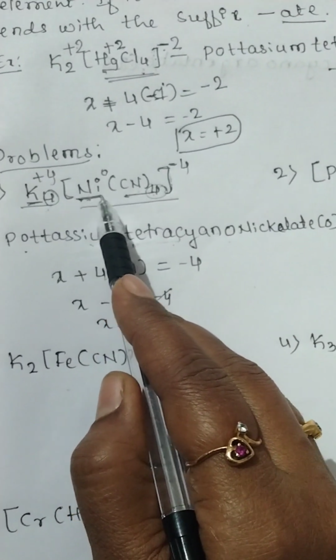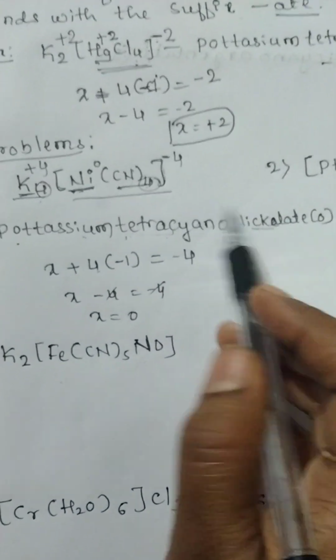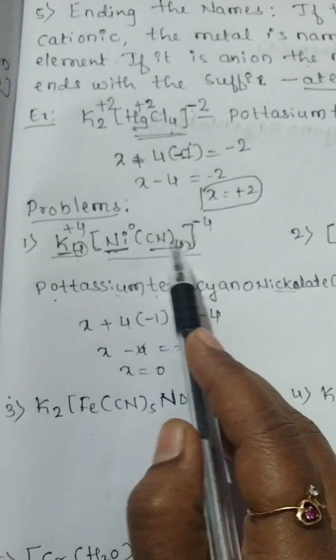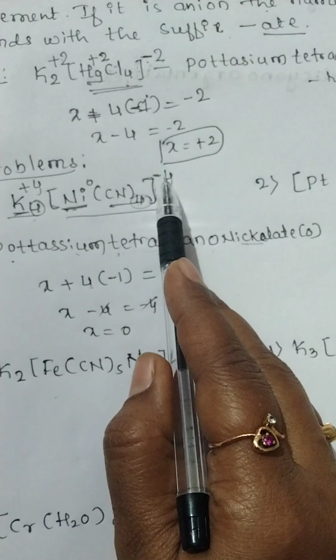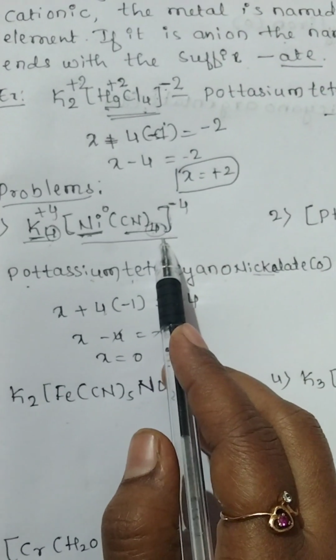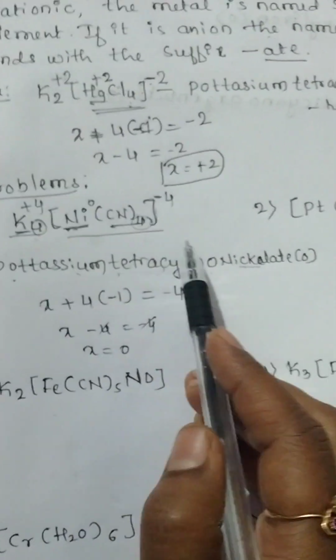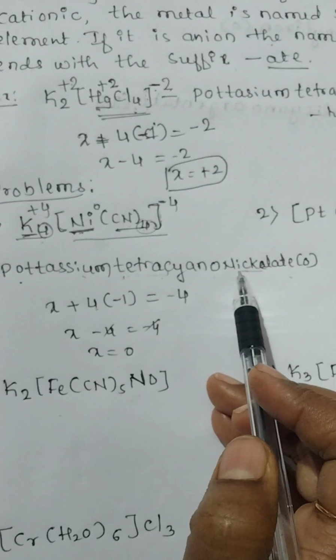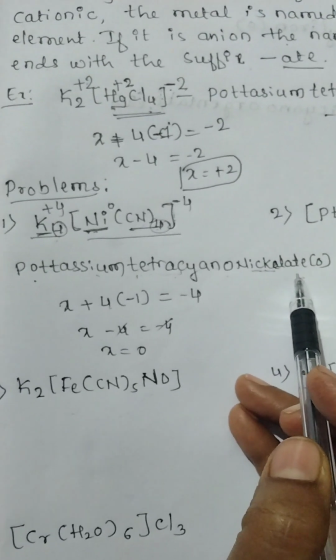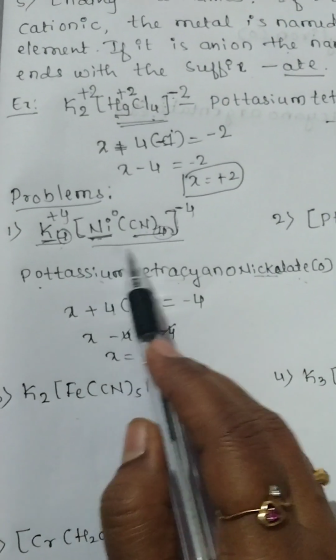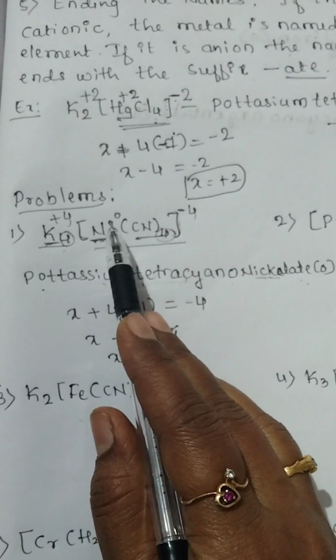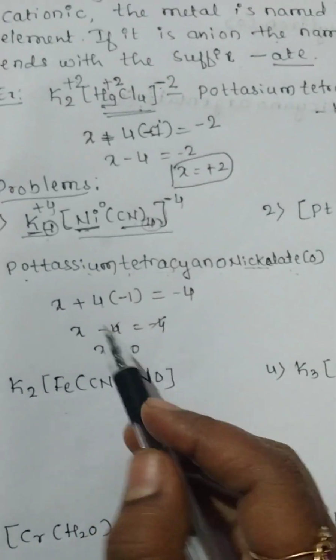Then the central metal is nickel. Here the complex is negative, so we have to end the metal name with ATE, so it becomes nickelate. Now let us solve the oxidation state of the central metal.